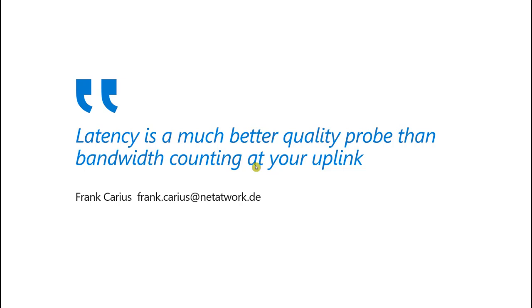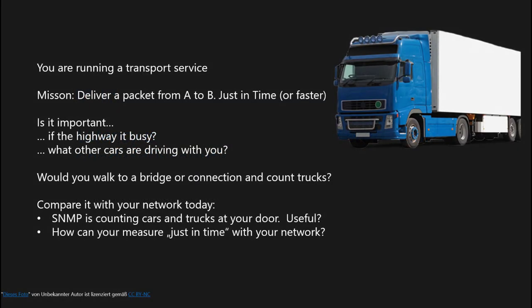But you can check the connection from your side to the entry doors in Microsoft, and that's something you should deploy in your topology. And compared with the sample, think about a transport agency. You're running trucks to deliver packets from A to B, and they are traveling on the highway.